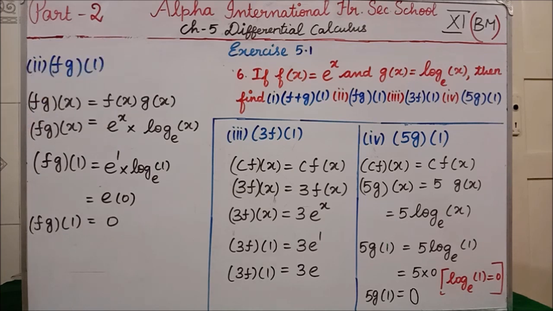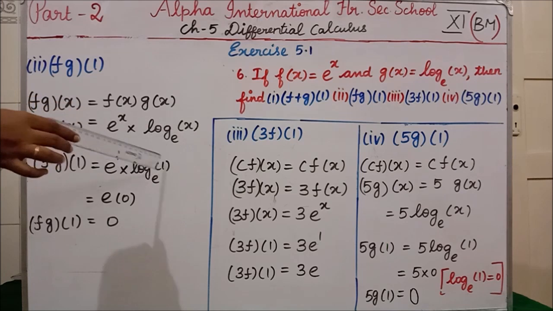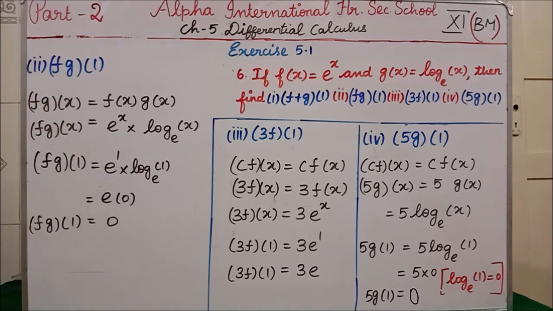So wherever you have x, you just substitute 1. So e power 1 into log e of 1. See students, the value of log e of 1, what I told in the first subdivision, I have also written in red marker. What is the value? 0. So e into 0 is what? 0. Any number multiplied with 0 gives the answer 0. So f g of 1 answer is 0.